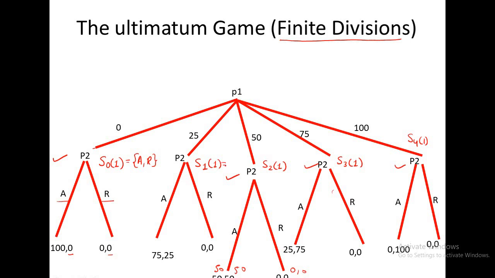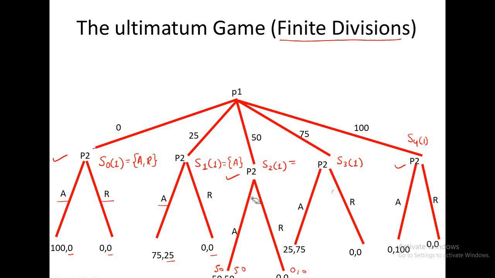Now in this case S11, if player 2 accepts, he will get 25, but if he rejects, he will get 0. So which one is optimal? Accept is optimal. So the output of this game is accepting the offer.